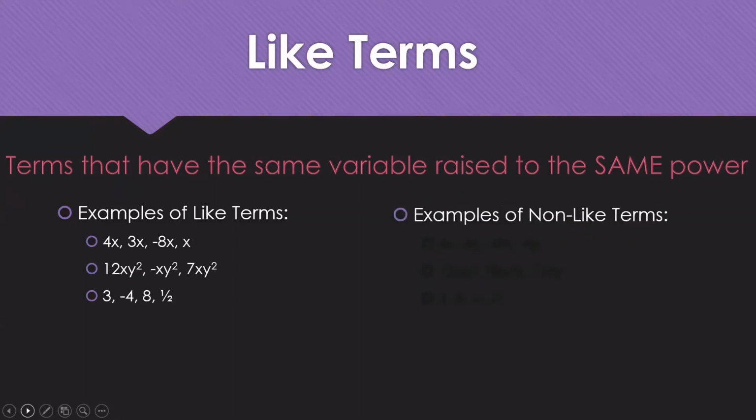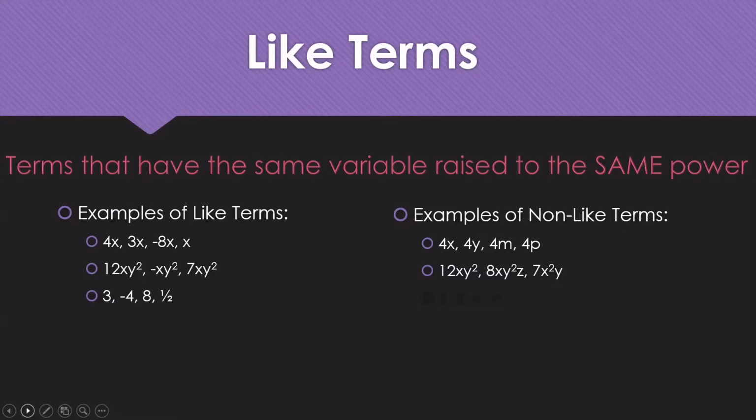Well, what is an unlike term? Or a non-like term, I should say. Well, look, if you look at each one of these, yes, the coefficients of them are all 4. The number parts are the same, but the variable is different. So when we talk about like terms, we want the variable, the letter, to be the same. Here, it almost looks like it is.